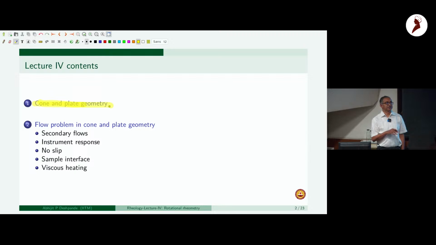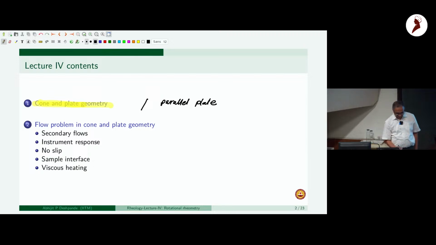And since we are making all these assumptions, what are the opportunities by which these assumptions may get violated? So one should watch for those. And while I am discussing cone and plate, in between I'll also slip into some discussion related to parallel plate.